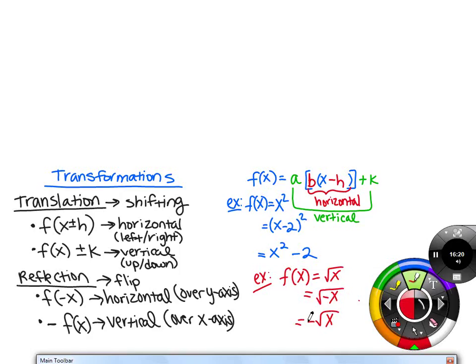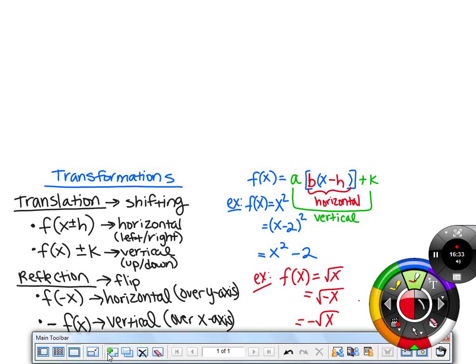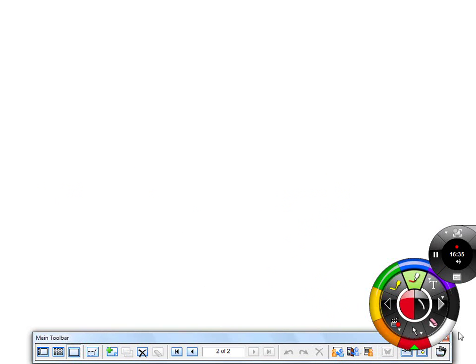But rather than split it up compressions and stretches, we're going to split it up horizontal and vertical. All right. So I need a blank page. All right. So let's talk about vertical first.